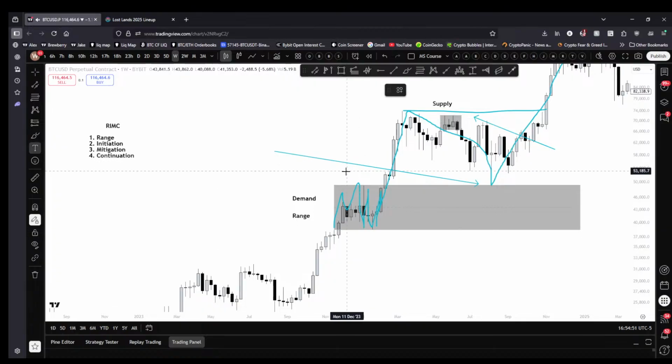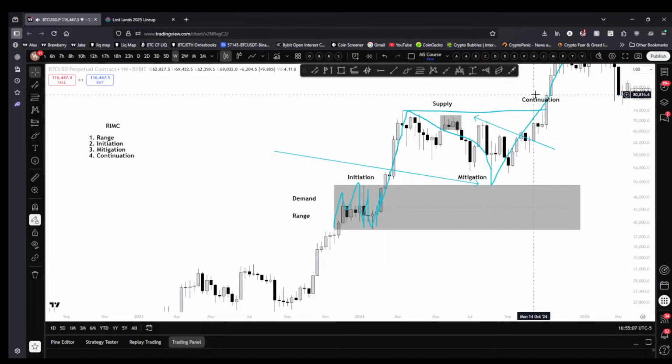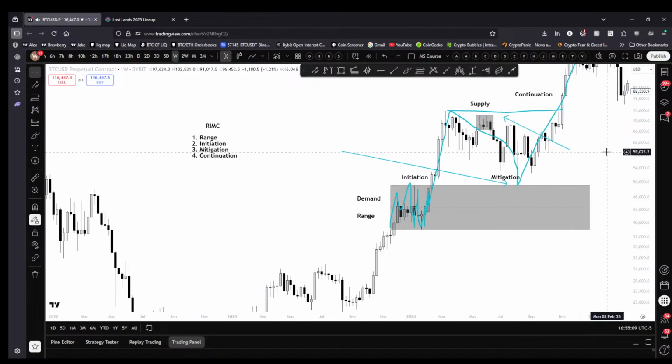So this would be your range, your initiation, your mitigation, and your continuation, right?